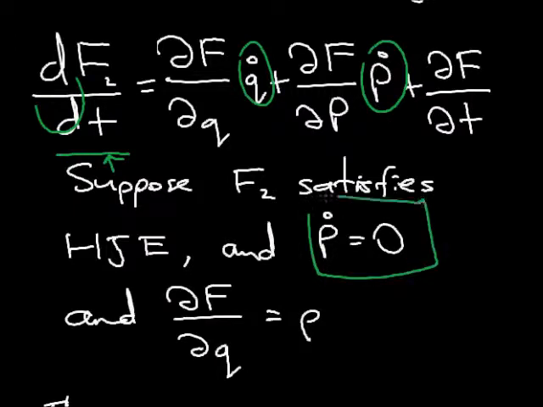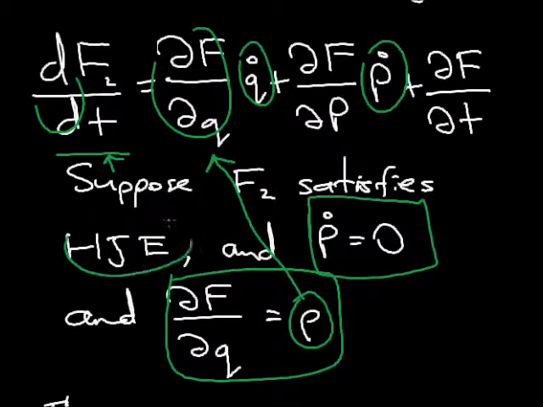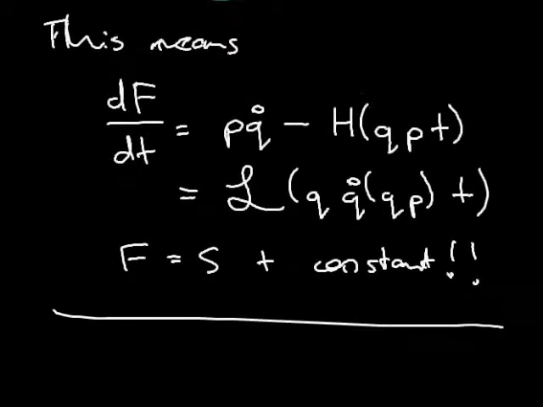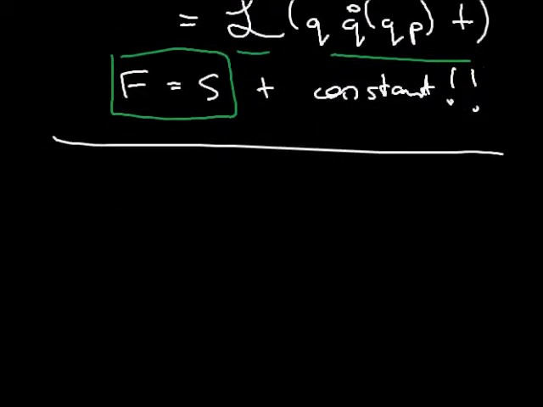We know P dot equals 0, and the Hamilton-Jacobi equation holds, and the coordinate transformation defines little p as dF/dq. So this becomes p times q dot minus H. Well, that's just the classical Lagrangian, and so the value of F is equal to the time integral of the classical Lagrangian. In other words, F is actually equal to the classical action.